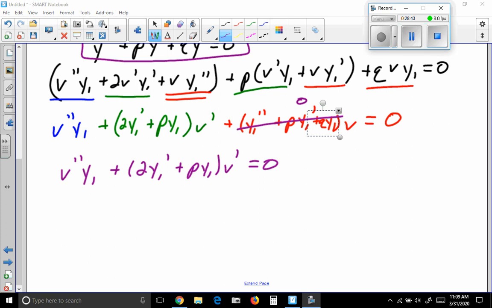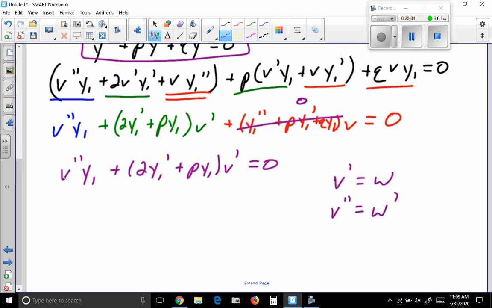Now this is a second order differential equation, whereas when we were doing separable, that was a first order differential equation. So let's make a substitution. Let's replace v prime with w. That means v double prime is w prime.